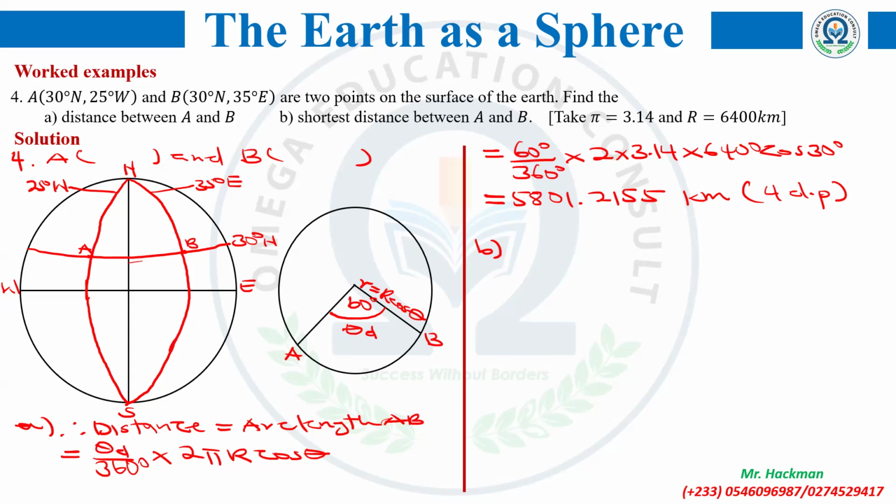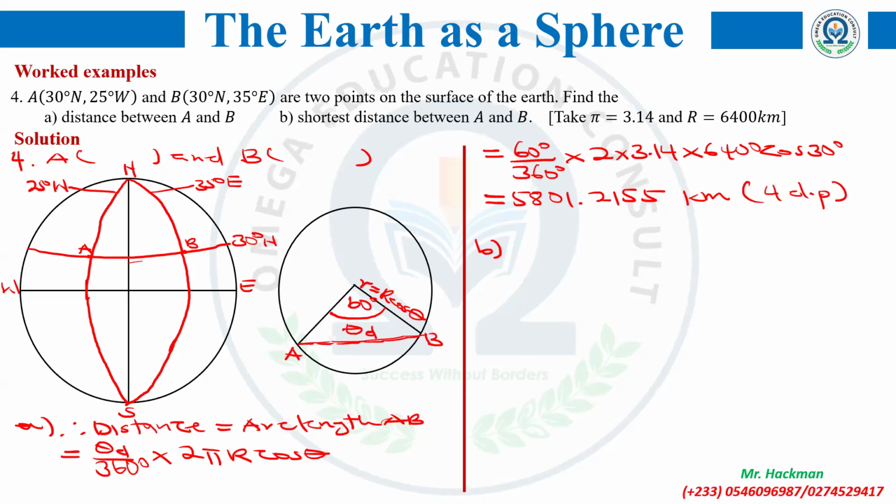So it means here the question wants you to find the distance that you have here, a straight line joining these 2 points, which will be a chord. So find the length of the chord AB rather than the arc. Is my point well made?